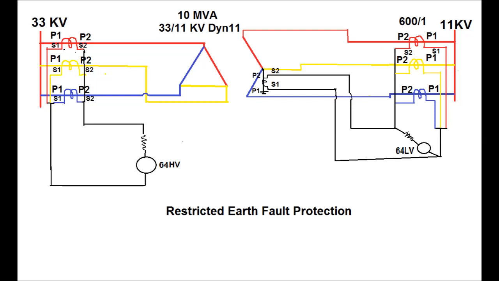Here the P1 of the phase CTs should be connected on the bus side, and P2 of the phase CTs shall be connected on the transformer side, for both HV and LV side. And for the delta side, on the secondary side of the CTs, all the S1 terminals are shorted and all the S2 terminals are shorted and connected to the HV side REF relay terminals.